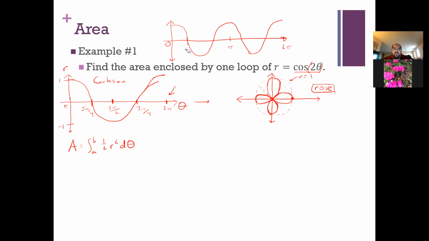No, that's not true. So basically, while I'm drawing this, the question that we need to answer is, what are some good limits of integration in terms of theta to use that'll help me just get one loop of this rose?